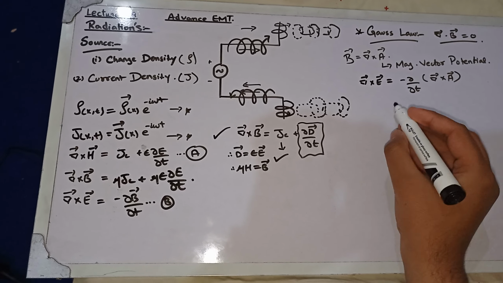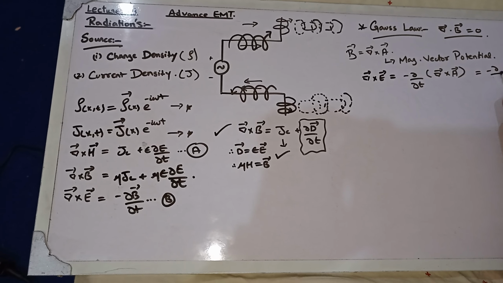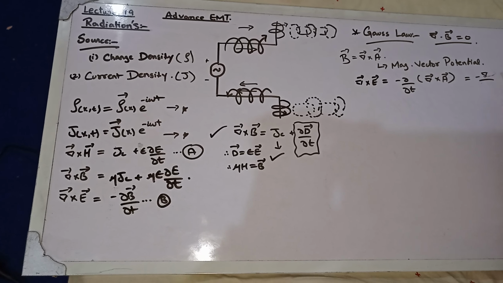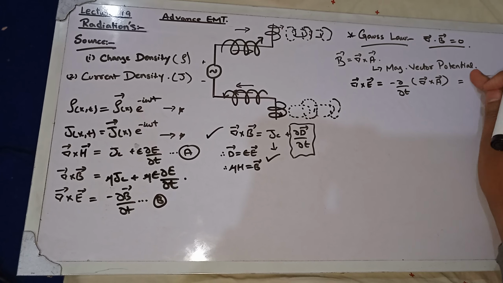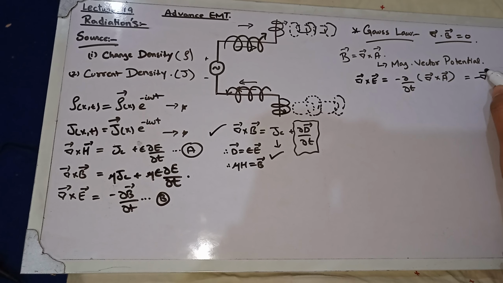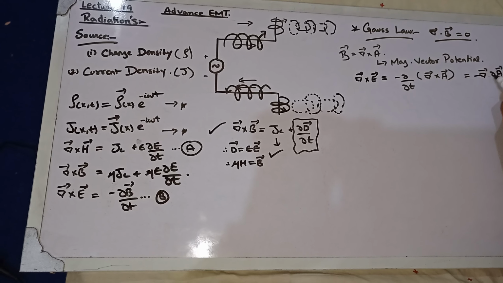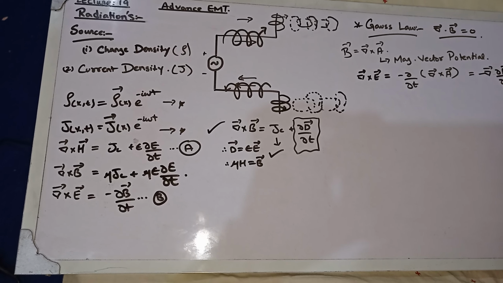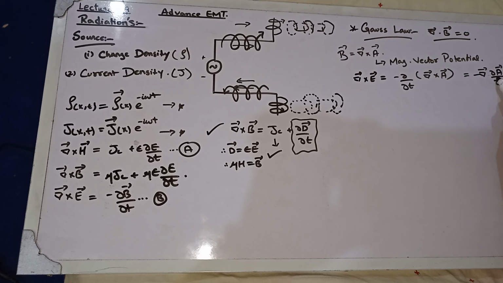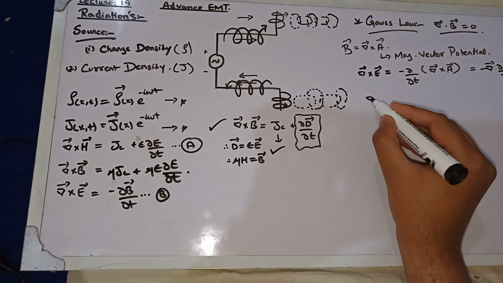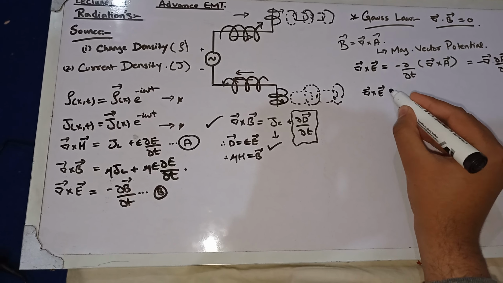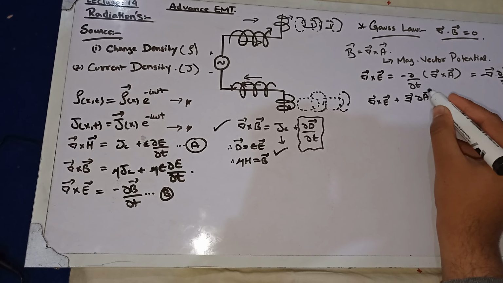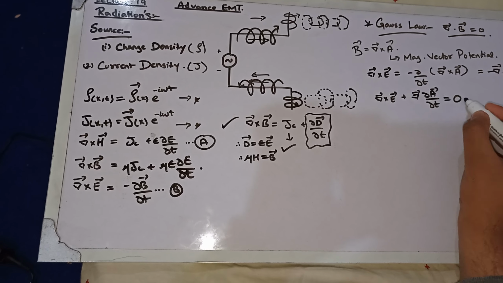Now take del outside, and it becomes minus del cross partial A over partial T. Understood? Now take this to this side, so del cross E plus del cross partial A divided by partial T equals 0.